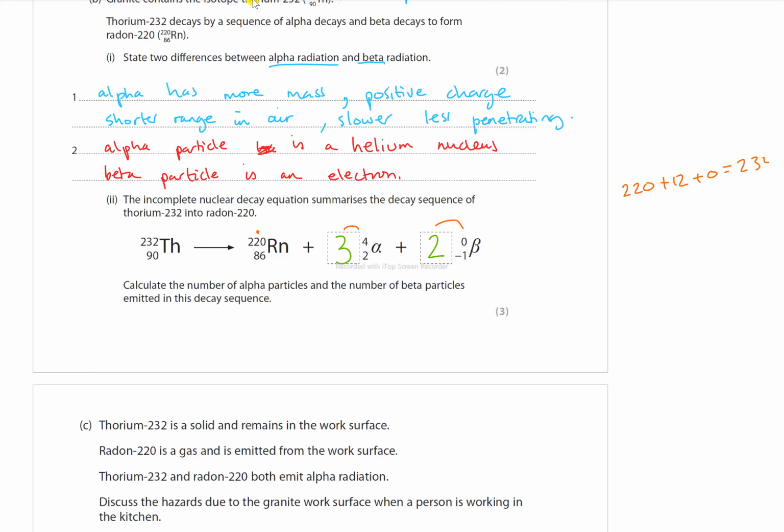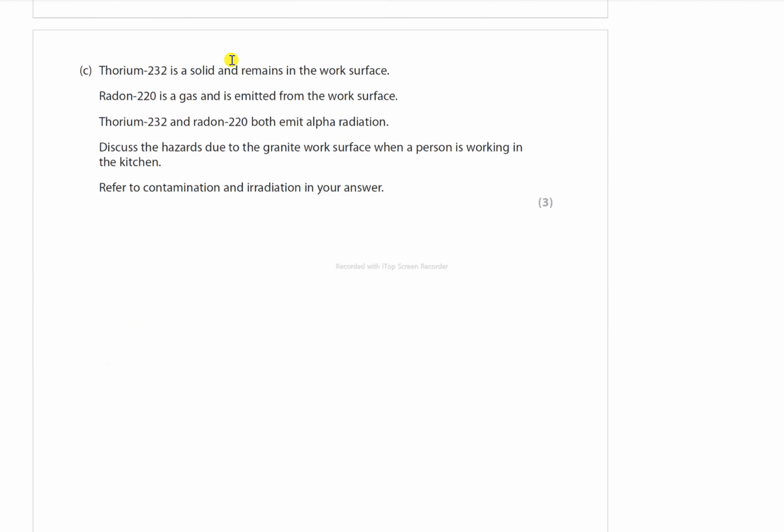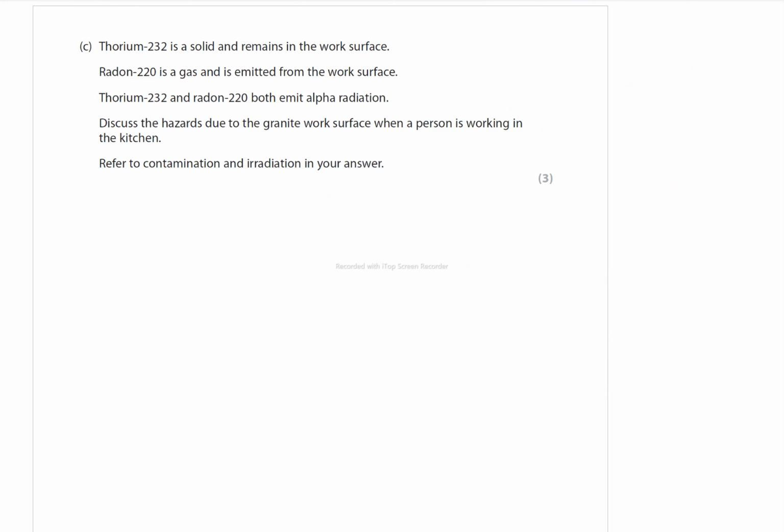Right, let's look at the bottom. 86 plus 3 times 2 is 6 plus 2 times -1 is -2. That's 92 minus 2 is 90. So they both balance out. Oh, that's a weird one, but hey, it's got to be done. We've got to get ready for this.